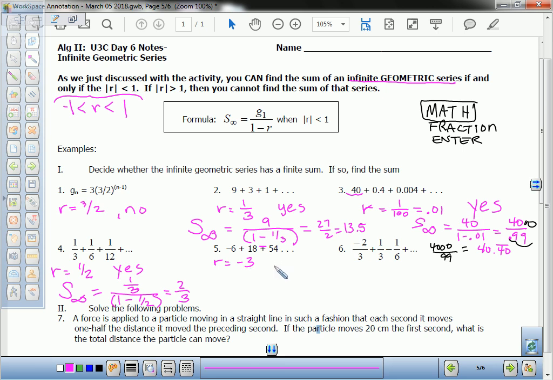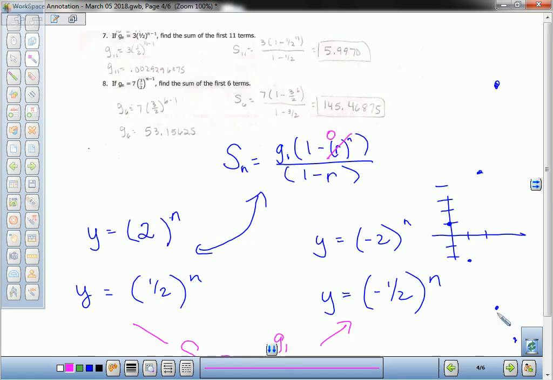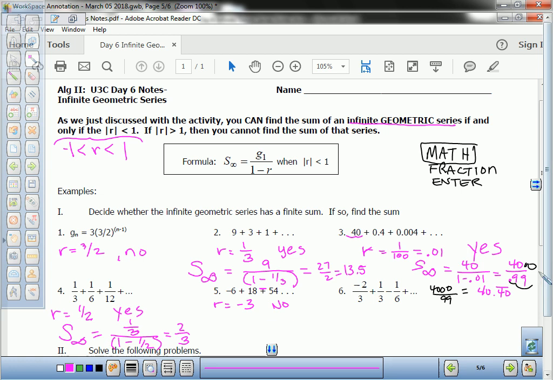So can I do it? No. So if I fix that and make it negative, it's now geometric, but I still can't find the sum because the ratio does not fall between -1 and +1. Not possible. It would be one that looks like this crazy one that goes up and down, but doesn't cancel out. All right. Number 6.